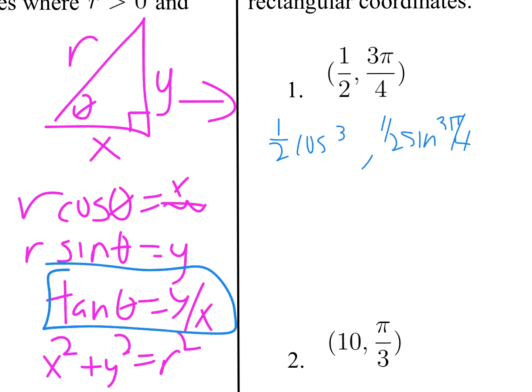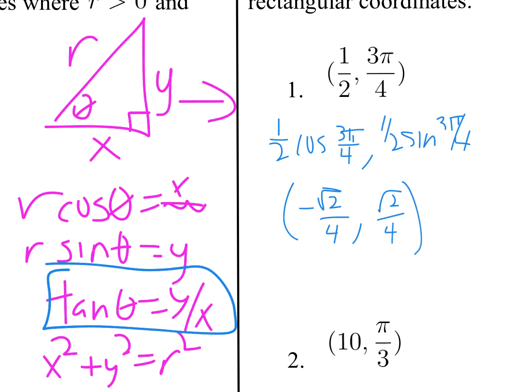Cosine of 3 pi over 4 is root 2 over 2. But that's in quadrant 2, so negative. And so negative root 2 over 2 times 1/2 is negative root 2 over 4. And then sine of theta is also root 2 over 2, but it's positive there. So that's root 2 over 4, but positive. And I wrote down the wrong number there, so let's go ahead and fix that.